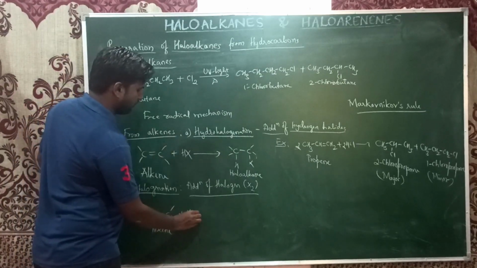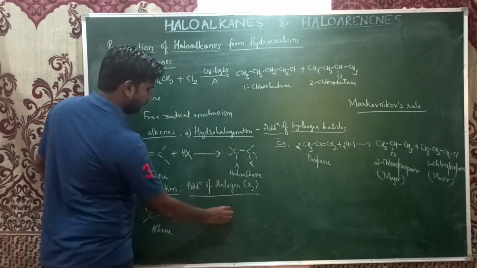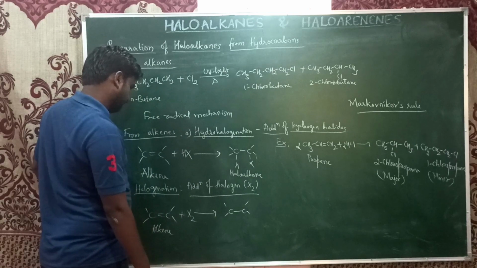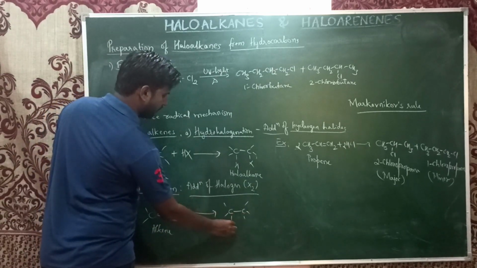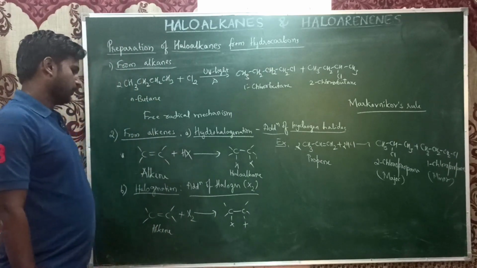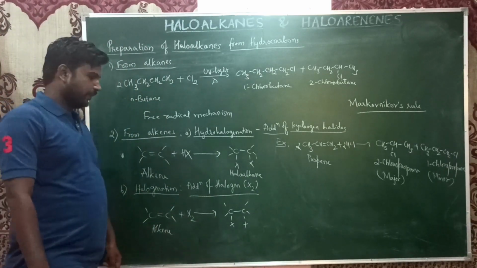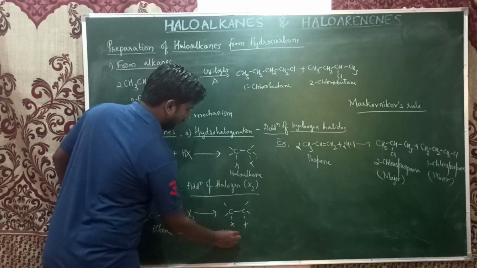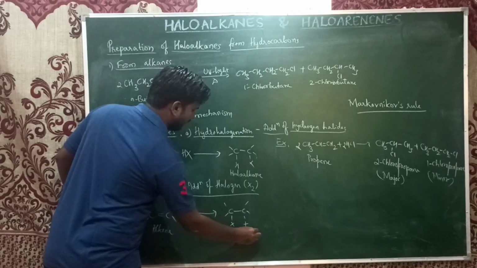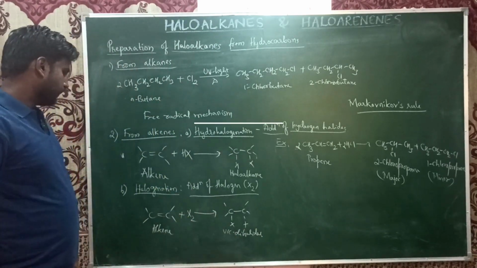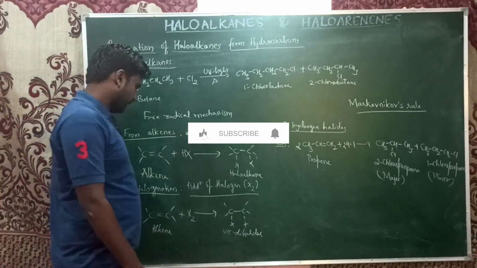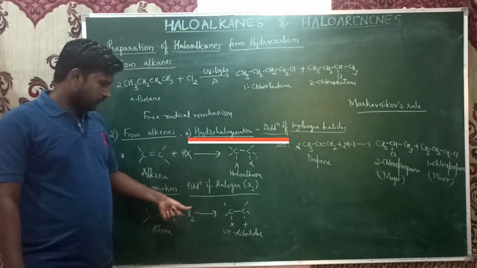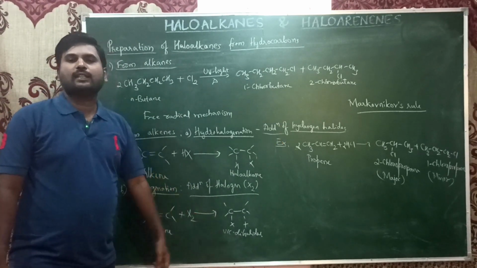When a halogen is added, it gives us X-X on adjacent carbons. So we are getting dihalides, usually vicinal dihalides. When an alkene undergoes halogenation, that is the addition of halogens, it gives us vicinal dihalides.